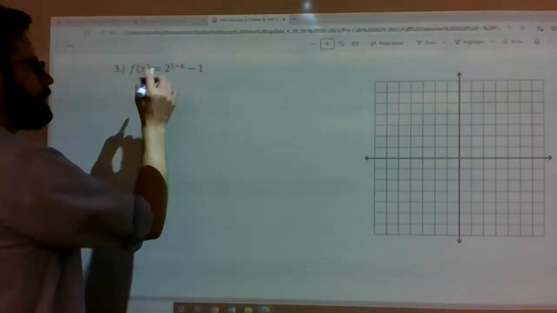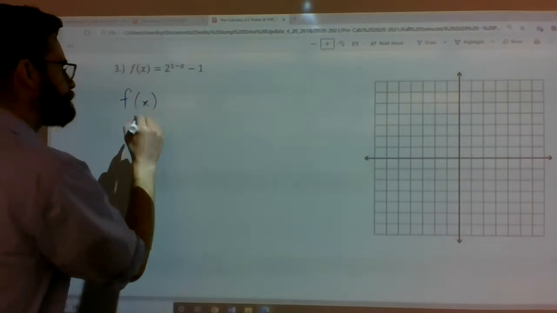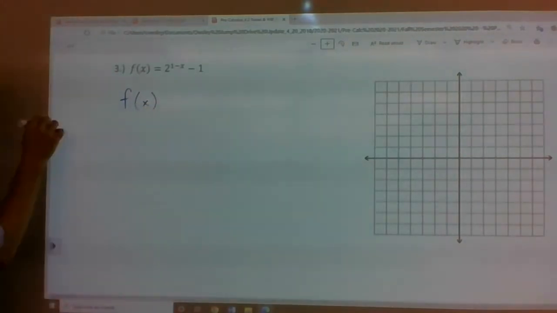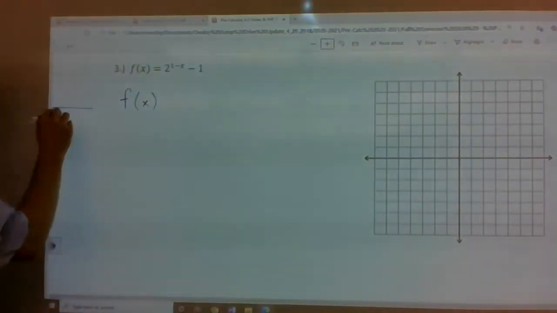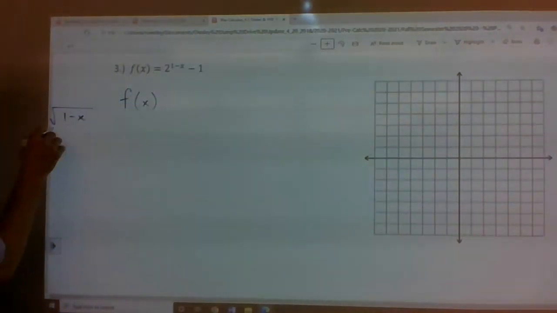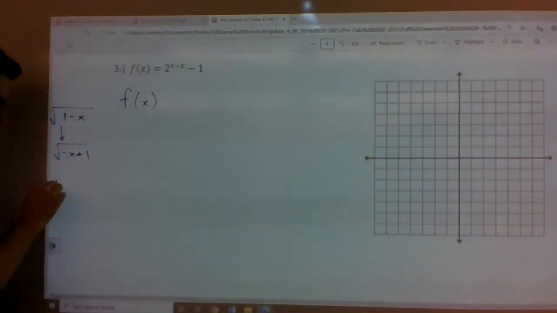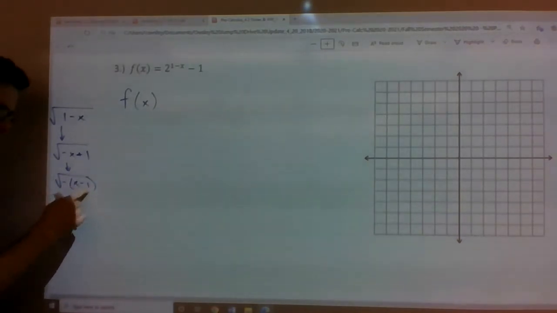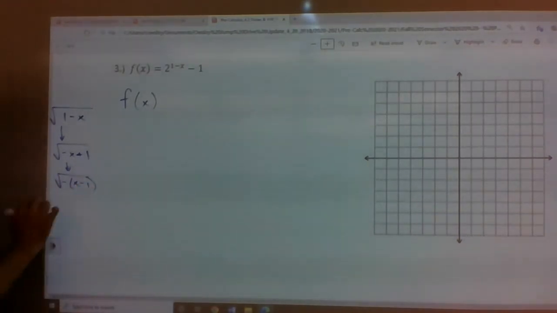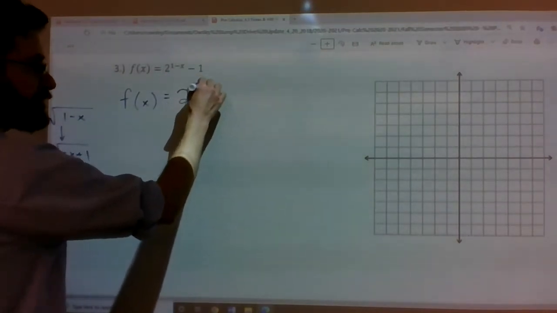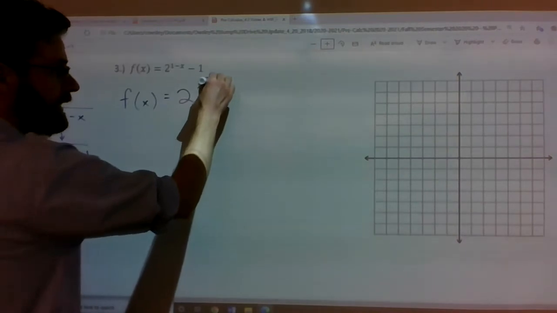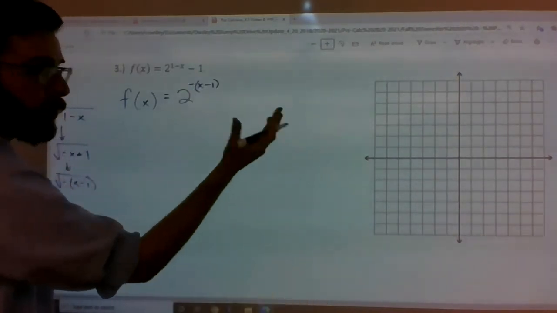All right, so now I'm going to do a little rearranging here. Can you guys see this here? If you had 1 minus x inside the root, you would have to take the negative out of both parts to really get the whole story. This is shifted right 1, but reflected horizontally.